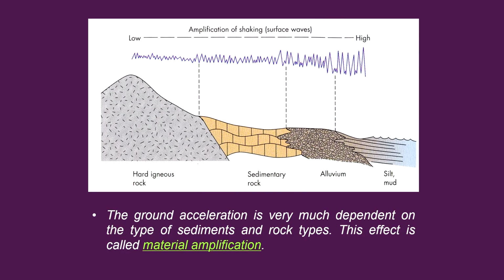So, looking at that, if you see the amplification of shaking, then you realize that it increases as you go into the softer material, from the hard rock, that is your igneous rocks, then sedimentary rocks, then you are looking at the alluvium here. So, the amplification increases.